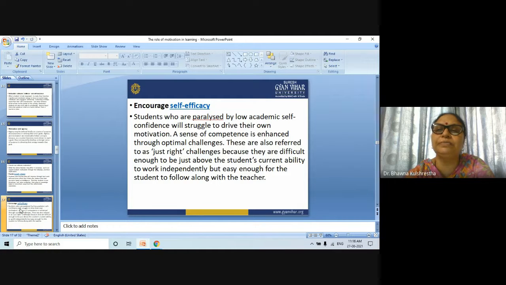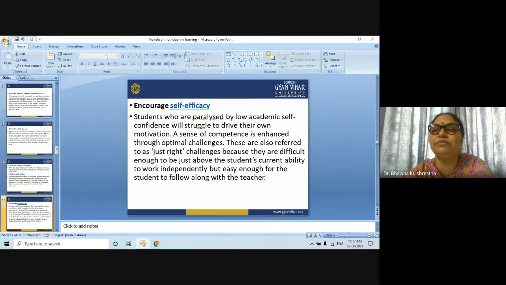As the student practices this new skill or concept, the teacher slowly removes their structured support, making it more and more difficult.